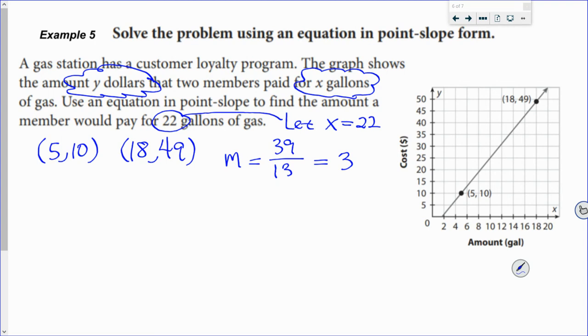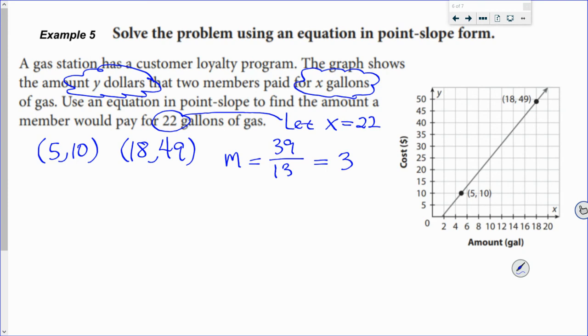Let me ask you a question. I'm going to write an equation in point slope form. Which point do you think would be best to use? 5 and 10 or 18 and 49? I can use either point.